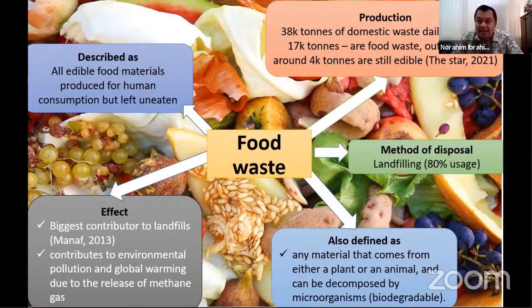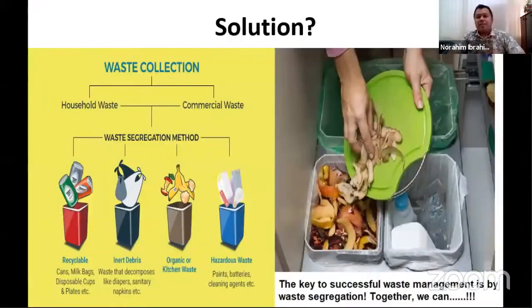This methane gas is actually the gas that absorbs heat. Bila dia menyerap haba, then the earth is becoming hotter, menjadi lebih panas. So that is the global warming that we are facing now. That is why we care so much about food waste. So macam mana? Apa penyelesaian? What is the solution for this?